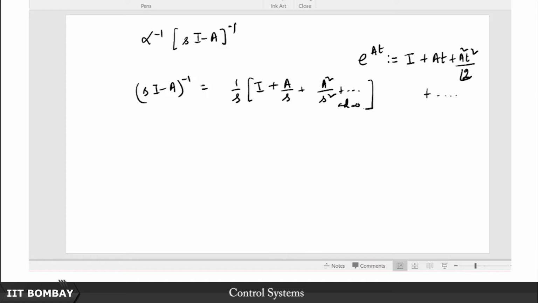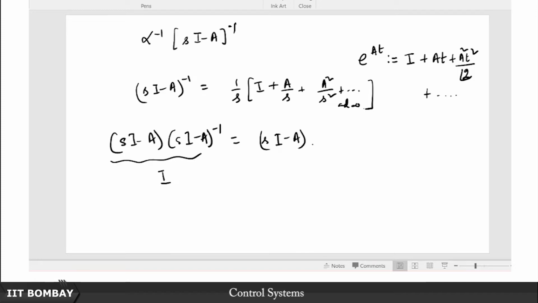How to check that? Well, you just multiply both sides by (sI minus A), whether on the left or right, it does not matter in this case, and you see what this is. So on the left hand side you have identity, of course, and what about on the right hand side? If you just multiply (sI minus A) times 1 by s times this series, you just take the first few terms, the sample terms, and you will see what happens.